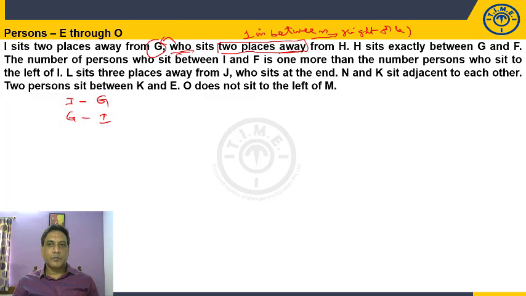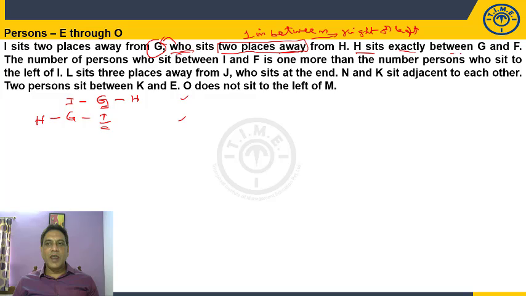We are not sure. But in this case, left side of G we already have I. So H has to be on the right side. And in this case, I is already there on the right side of G. So H has to be on the left side. Still, both the cases are valid.